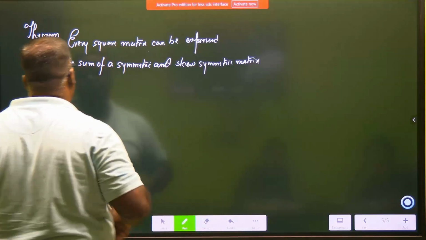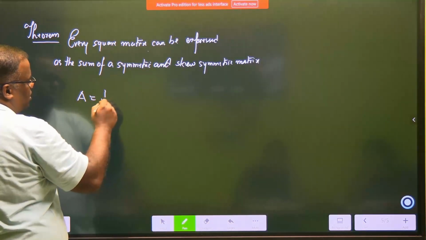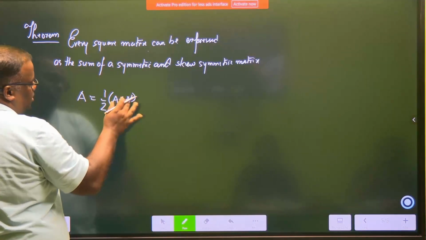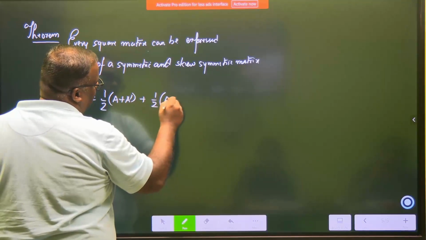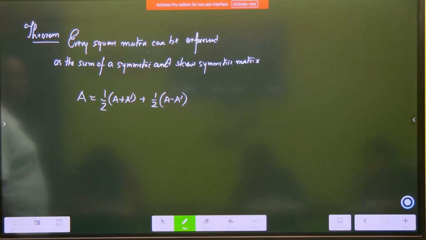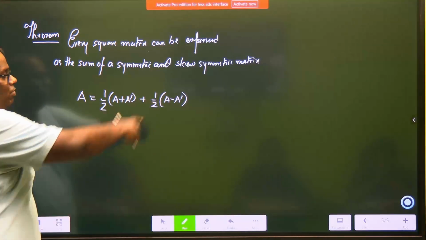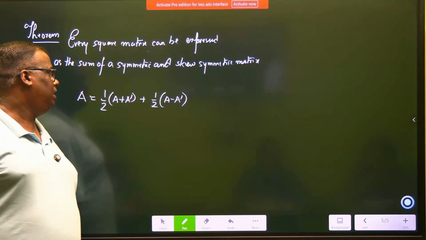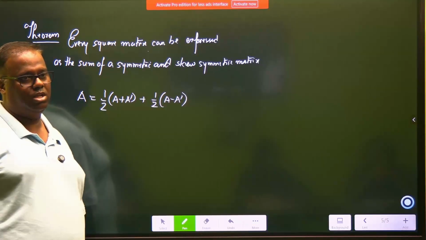Which means if A is any square matrix, you can show this as half of A plus A prime, this is the symmetric part, and half of A minus A prime. In fact, if you add all of this it will become A. Just see, half of A, and on this side also half of A. So half of A plus half of A will give you A, and half of A prime minus half of A prime will cancel out.